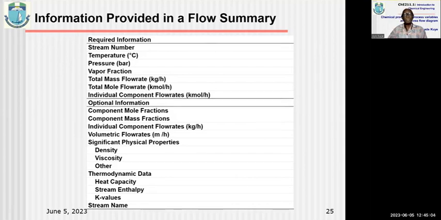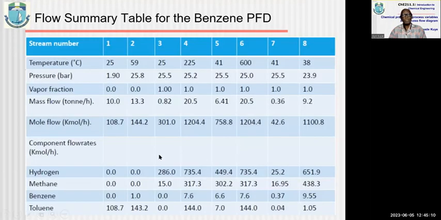So these are typical information that will be provided in the flow summary. And you can see a typical example here for the benzene process flow diagram. You can see what is in stream 1 and so on and so forth. You see the temperature there for stream 1, for stream 2, and so on and so forth.